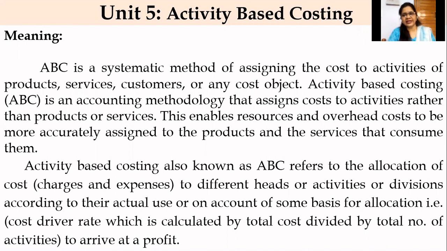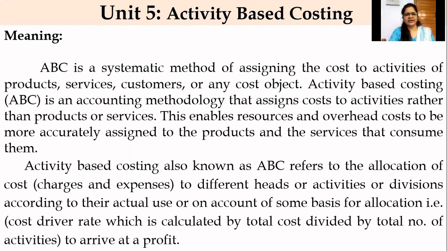What are the costs incurred for those activities is also checked in activity-based costing. It is also known as ABC, which refers to the allocation of costs, that is charges and expenses, to different heads or activities or divisions or events according to their actual use or on account of some basis for allocation.